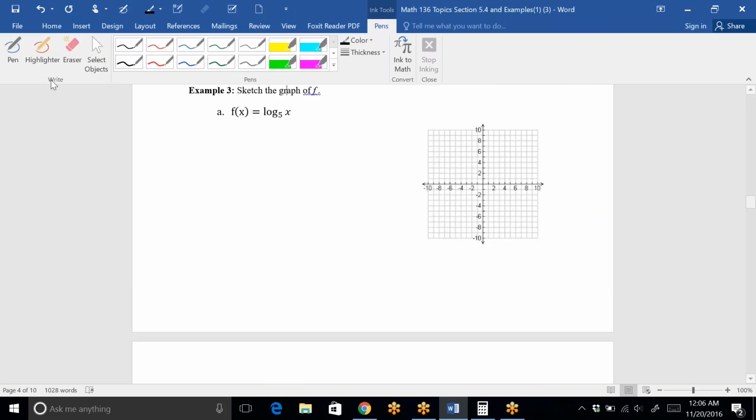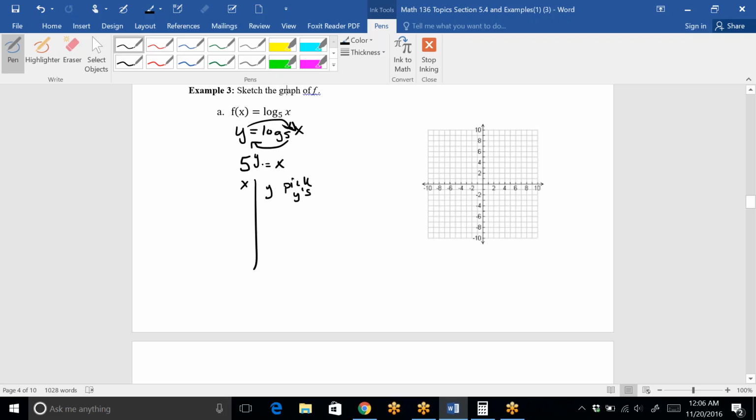So if you are looking at log base 5 of x, if you wanted to turn this to an exponential, that would be 5 to the y equals x, because you always have to go back to the argument. So this would be one way. If you wanted to do your table of values, you would just need to pick y's.